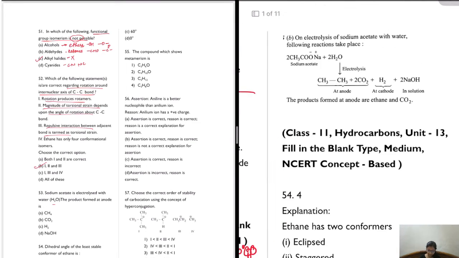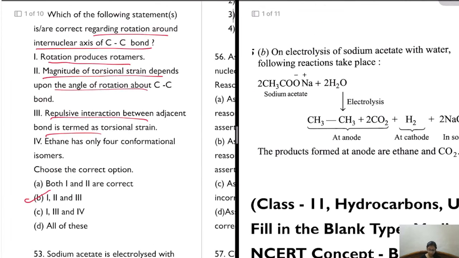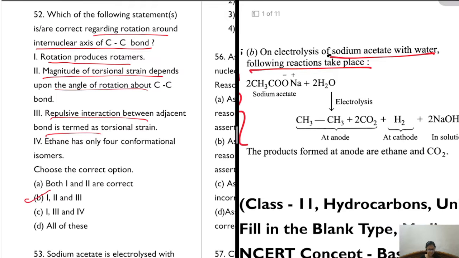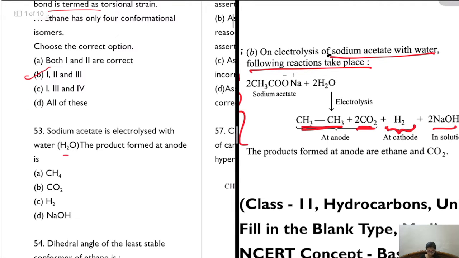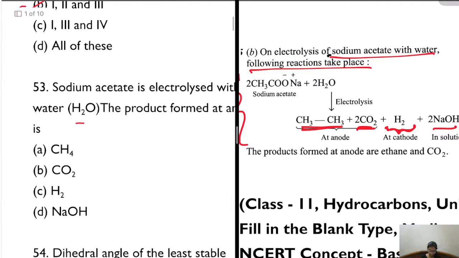On electrolysis, sodium acetate with water will give ethane, CO2, then at the cathode we have H2, and in solution we have NaOH. So what is the correct answer according to the options? CO2. So this will be our correct answer.